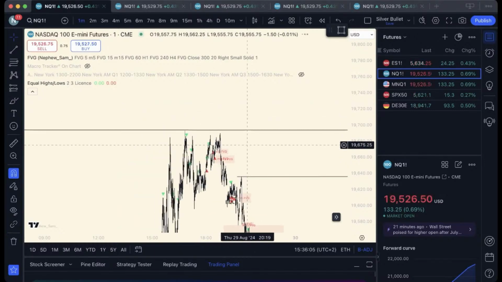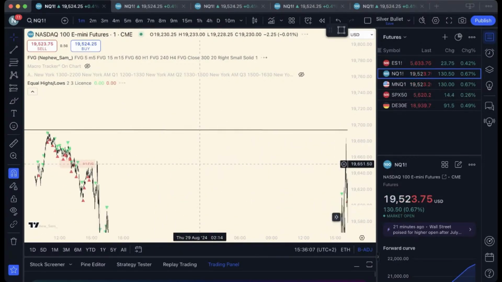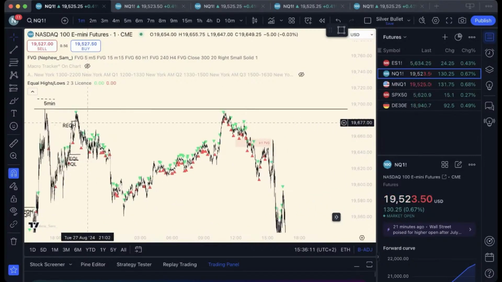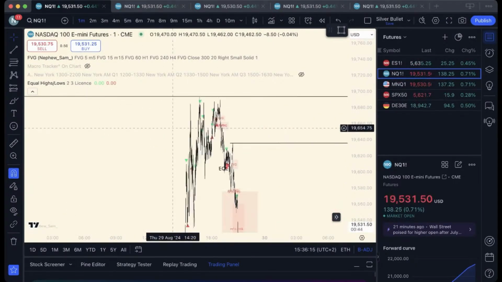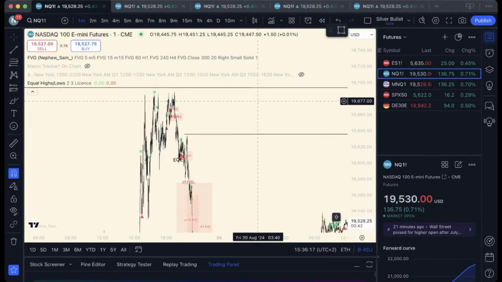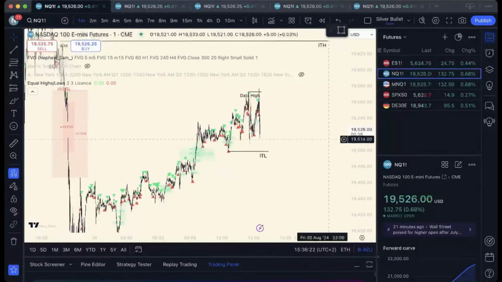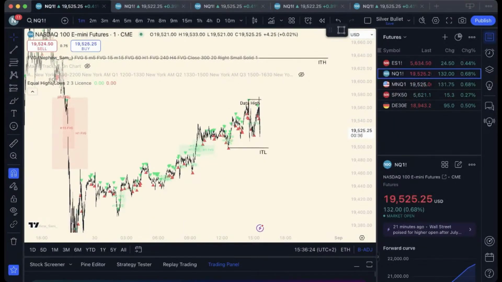This is another internal low, and this is the big buy side liquidity. We have like 1, 2, 3, 4, 5 touches, almost touches. It seems like it wants to get hit.